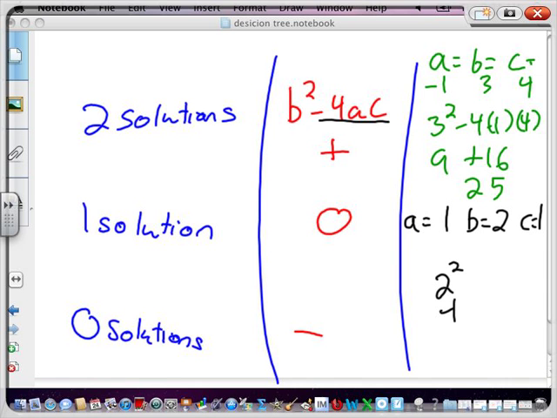Right, because then we get -4 times 1 times 1. What's 4 times 1? 4. 4 minus 4 gives us 0. So you can pick any B you want. You just know that 4 times A times C has to equal whatever you choose for B.